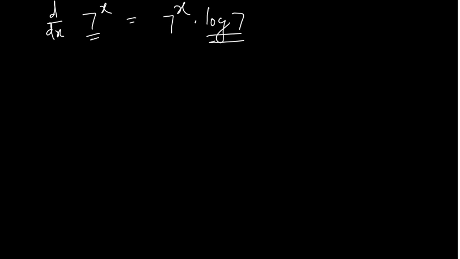So now let me give you one question. e power x divided by 7 to the power of x. I am doing it, don't worry. So this is the one we have to do, dy dx of this.